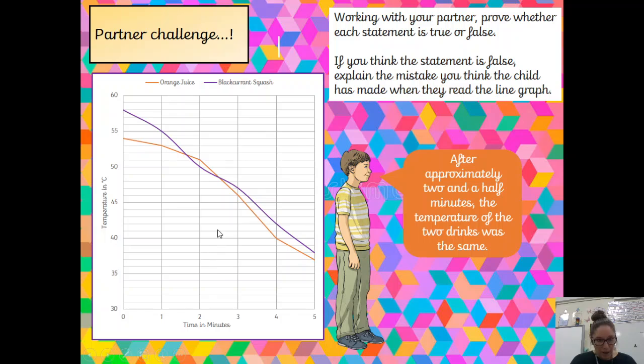We're going to go up. And the lines here we can see are overlapping. Are they correct or not? That is true, okay, because they're overlapping, so it means they're the same temperature at that time.